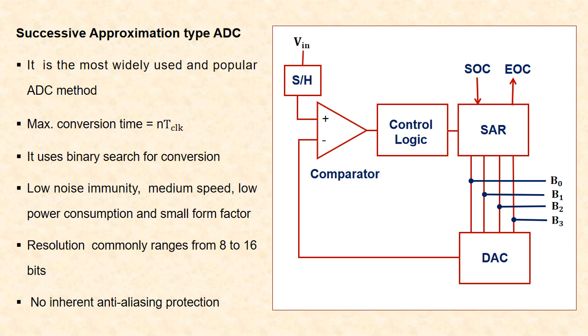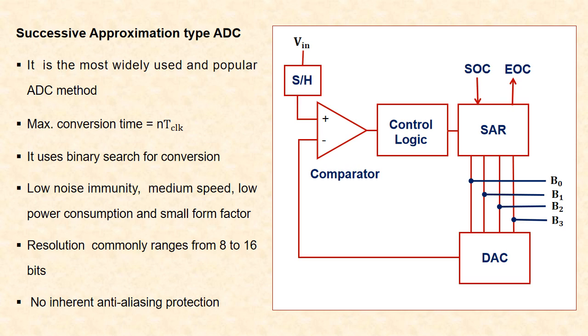The output of successive approximation register is given to digital to analog converter, and the equivalent analog output voltage of DAC is applied to the inverting terminal of the comparator, and the second input is the unknown analog input voltage.